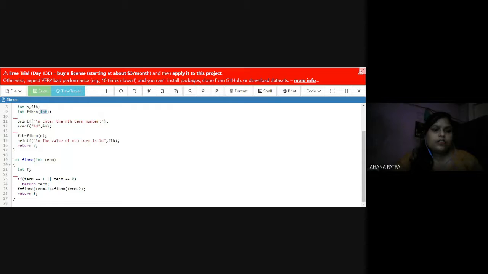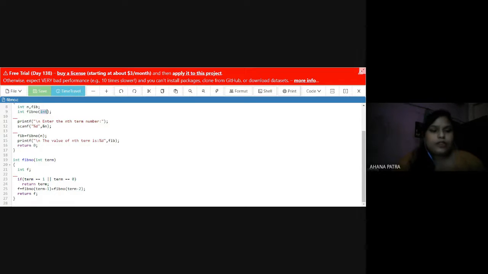At first, we think that in a recursion function, there are two steps: one is the general condition, and one is the base condition. That means at some point the function must return some value, or exit the function. This is called the base condition, and the general condition is where it repeatedly calls itself.